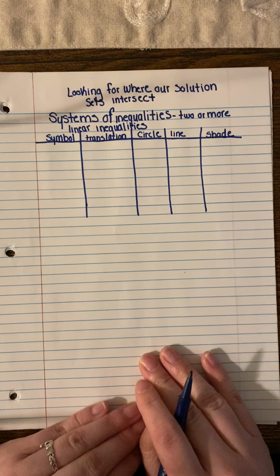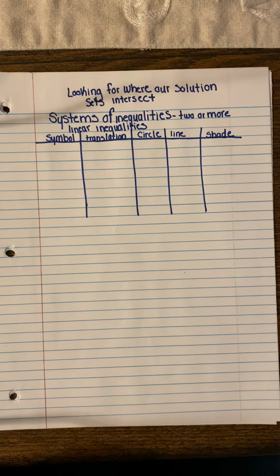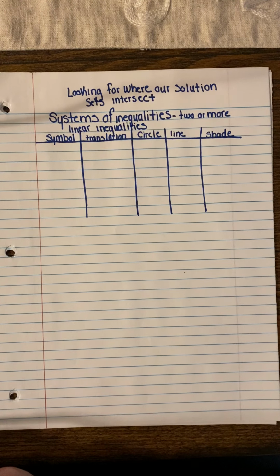Okay? So remember, inequalities have more than one solution to them, right? So they have what's called a solution set because they have more than one answer. So we are looking for where their solution sets intersect, and that is our solution to the system, okay?